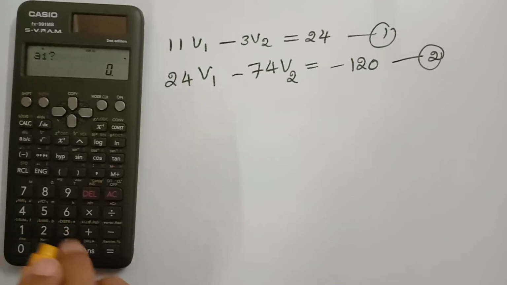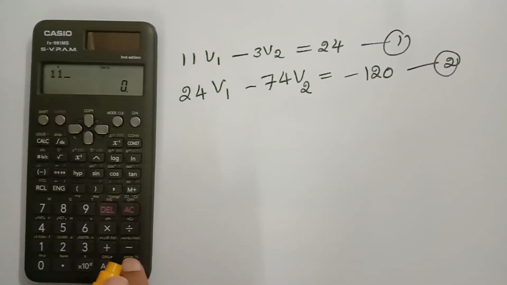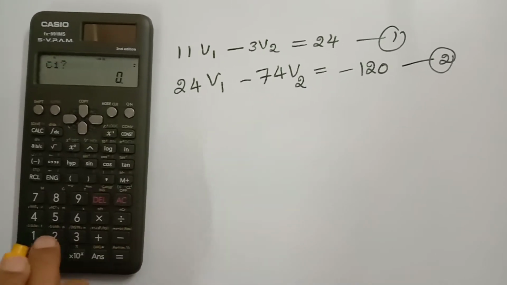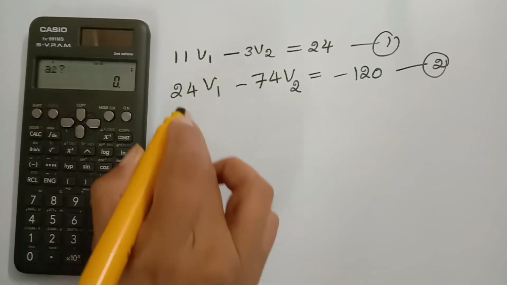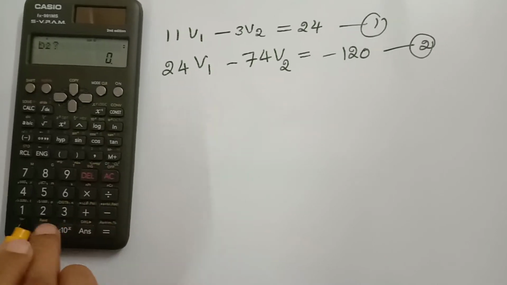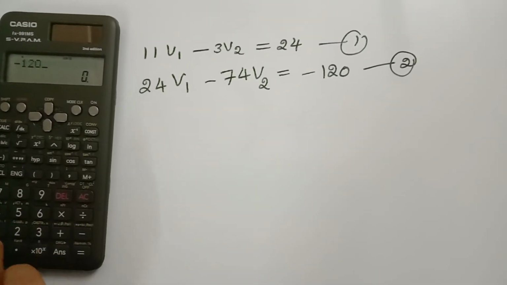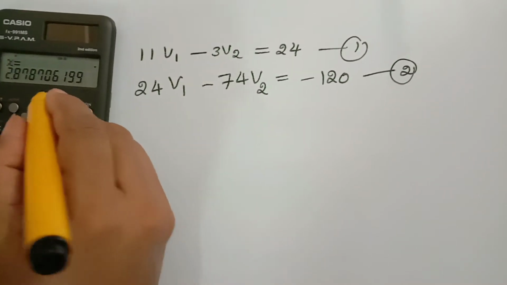Two variables: a1 will be 11, a2 minus 3, 24. Second equation, 24, minus 74, minus 120. So this gives the x value.